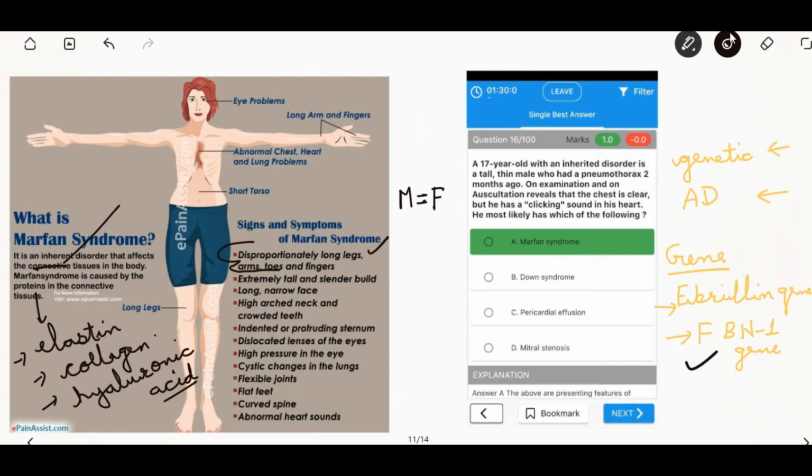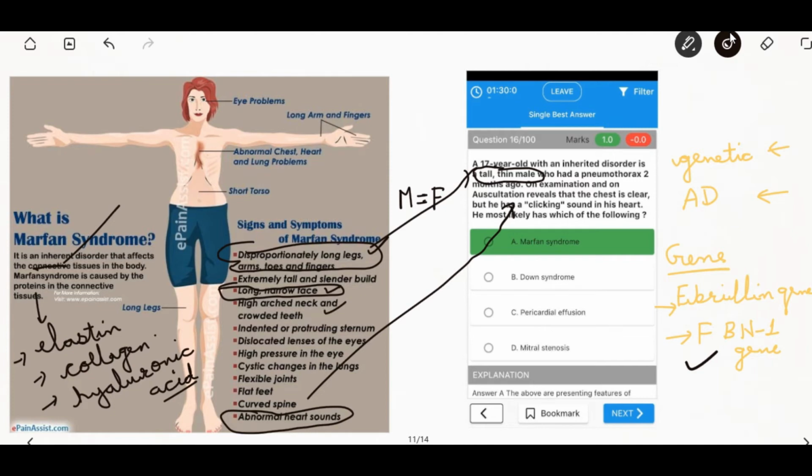Now the question here represents a patient who is tall. In Marfan syndrome, musculoskeletal, cardiac and ocular defects dominate. The shape of the skull and face is characteristically long and narrow, which commonly suggests the diagnosis of the disease.